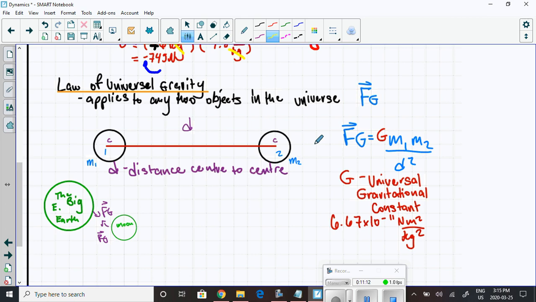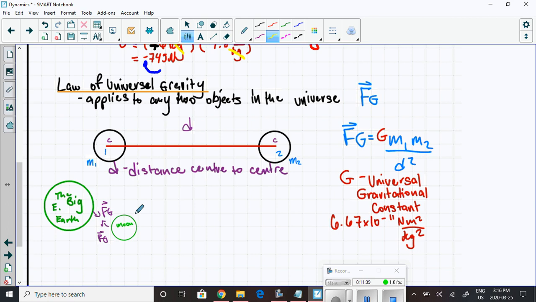You would put into the equation the mass of the Earth, the mass of the Moon, divided by how far apart they are squared. But in order to get the correct amount of force between them, you have to have in the numerator the universal gravitational constant, which is a constant value. It never changes. It's 6.67 times 10 to the negative 11 newtons times meter squared divided by kilogram squared.